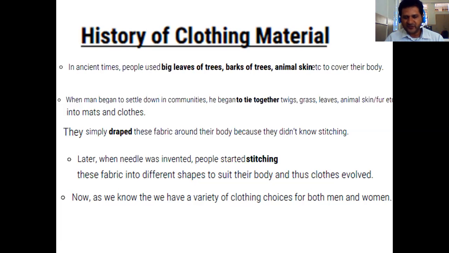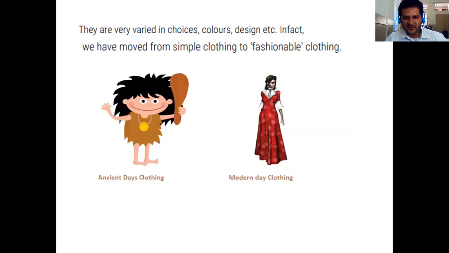That is, for women are different and men are different. These are the pictures of ancient clothing and modern clothing. Where there was no development, people were using tree bark, animal skin or leaves. Here the condition is entirely different.